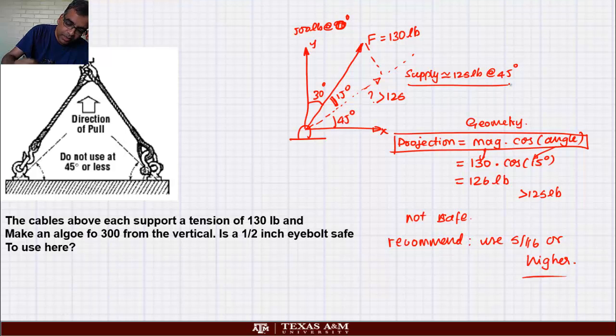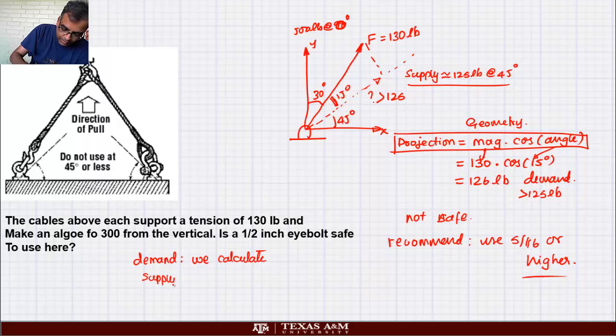So this was the supply, this was the demand. So demand comes from calculation. So I'm going to write this down. Demand is what we calculate. Supply is based on what the manufacturer says.